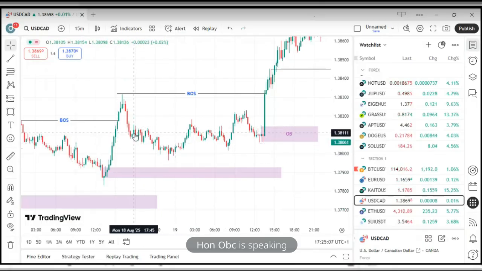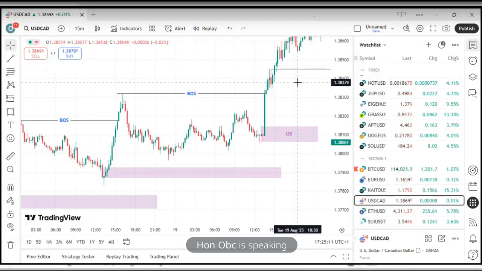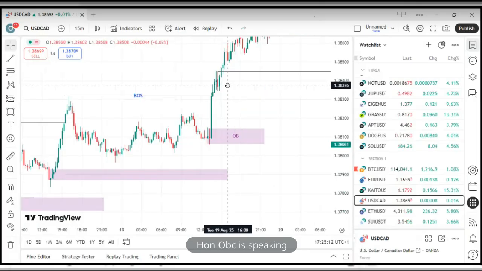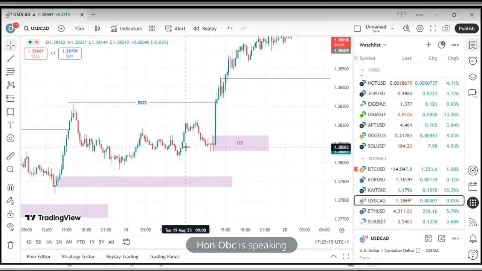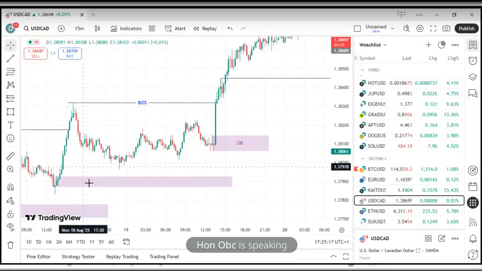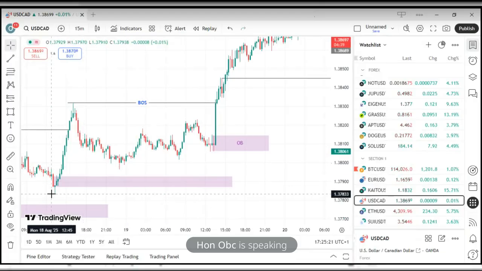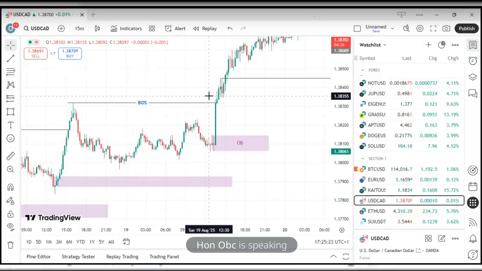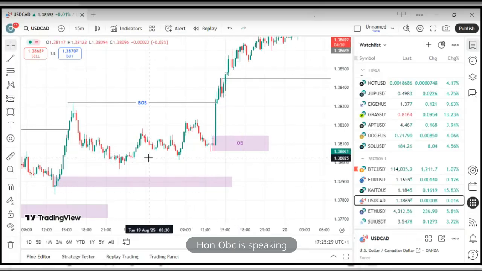So it swept this liquidity, but when this market will be coming back, it will definitely come back to sweep all this area again. It will still sweep it to this side. You can see there is a good liquidity sweep candle here. So it is possible that this market will just sweep these ones that are here and actually rally into this range and continue to the upside.